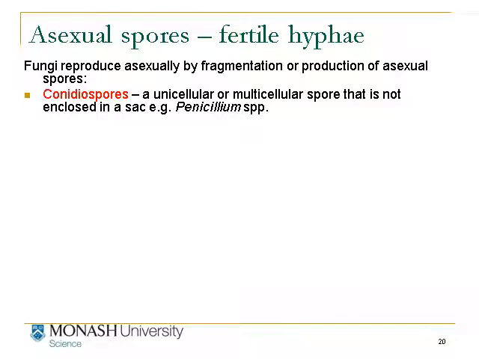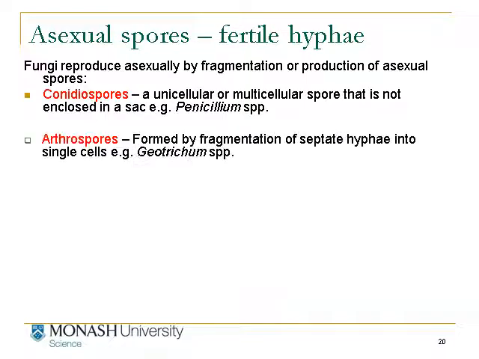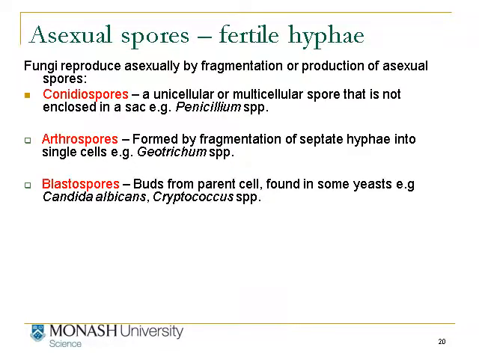This is just to show the different types of asexual spores from fertile hyphae of different types of fungi. We have the common conidiospores produced by Penicillium species, and these are not enclosed in a sac. Arthrospores formed by Geotrichum species, formed by fragmentation of septated hyphae into single cells.